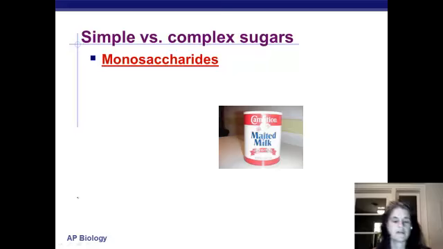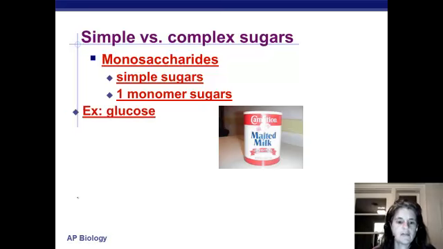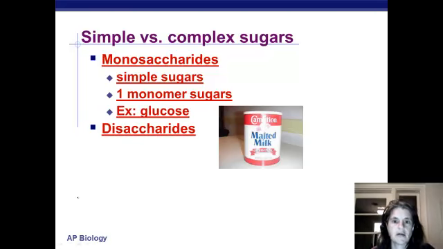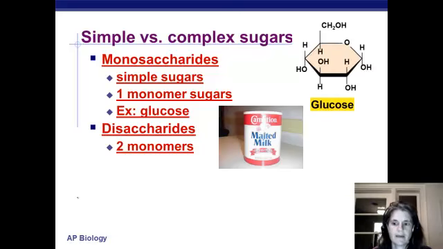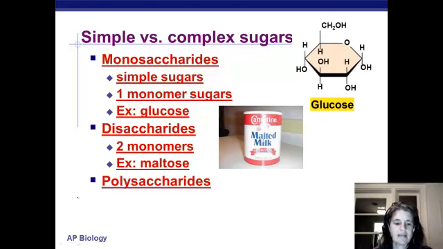Okay. Now, there are different types of sugars. There's simple and complex. Of course, monosaccharides, one sugar building block, are simple sugars. Glucose is a great example. One carbon ring molecule, that's it. Disaccharides are made of two sugars stuck together. An example of that is this maltose. We see it here in this container of malted milk.